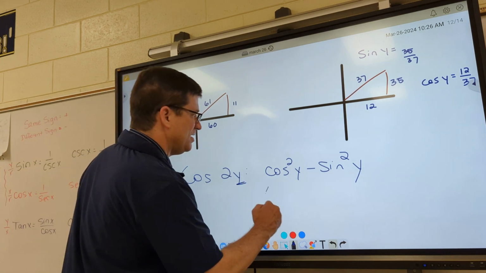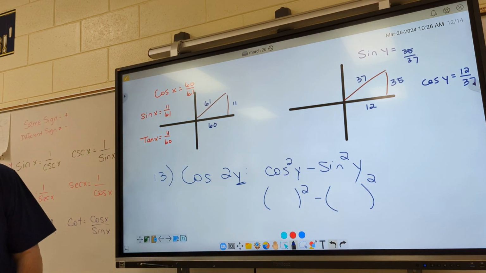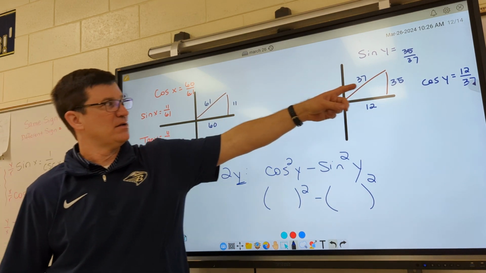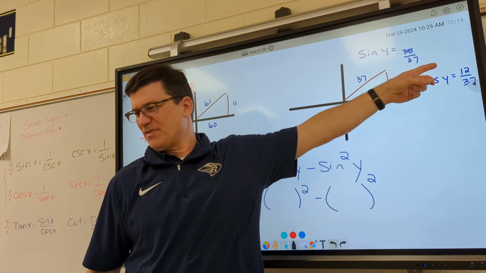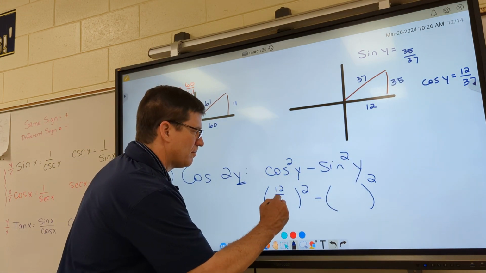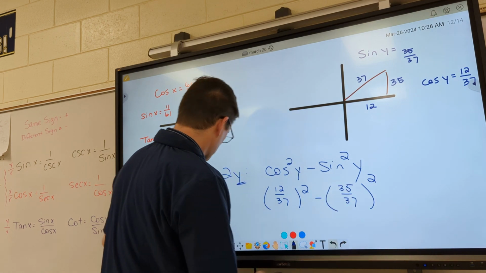All right, so now's the easy part where you just plug it in your calculator. They're both going to be squared. You put cosine of y in this parenthesis. We have it back on 7, 8, or 9. I think you guys have already done it. It was 12 over 37 there. Sine of y is 35 over 37 here.